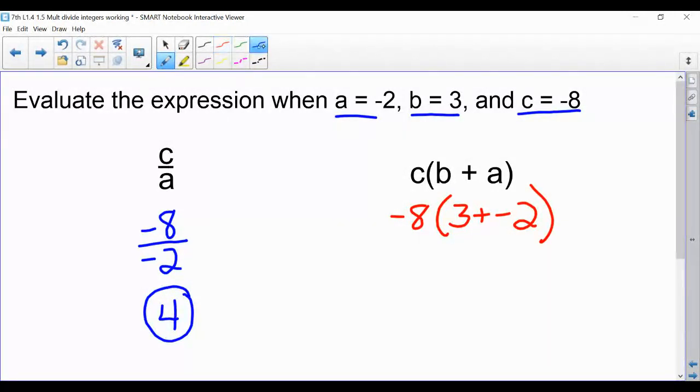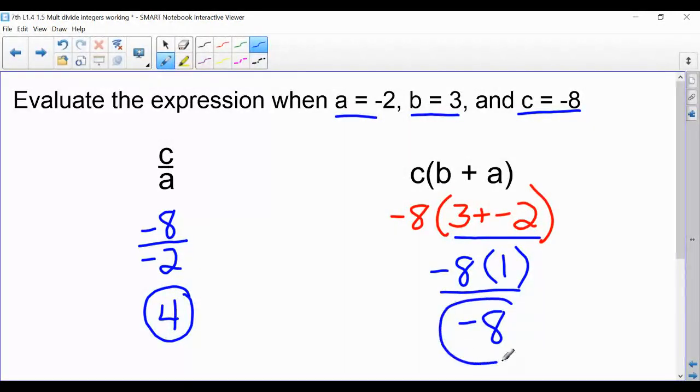Orders of operations, so we do what's in the parentheses first. 3 plus negative 2, different signs, find the difference. So 3 minus 2 is 1. Answer gets the sign of the larger number, so that's a positive 1. And then we bring out the negative 8 times in front. Our problem now says negative 8 times 1, and the answer to that is negative 8.